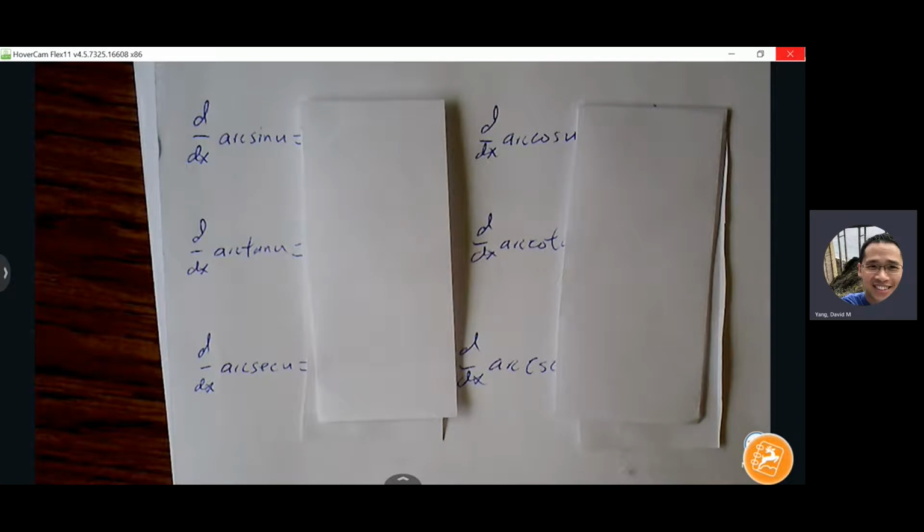What order is it? What helps me remember is the fact that I know the u's are going to sit next to each other. So it's going to be u squared minus 1, and not 1 minus u squared. Having that in front of me makes it easier for me to decide what happens with arcsine, because arcsine looks a lot like arcsecant. I think what confuses students is they forget which order it is.